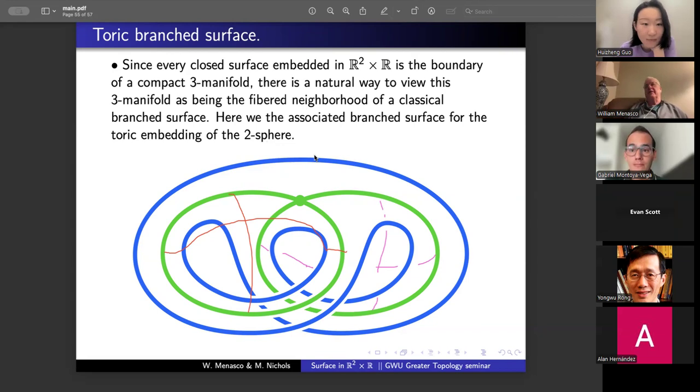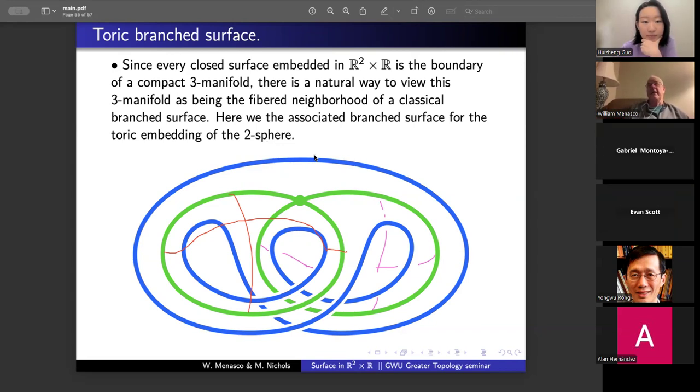Yeah, there's the Bennequin number and then the rotation number. Yes, and that's something totally different. The rotation number there is comparing two different rotations with respect to a plane field. Okay, I'll try to understand. All right. Thanks.